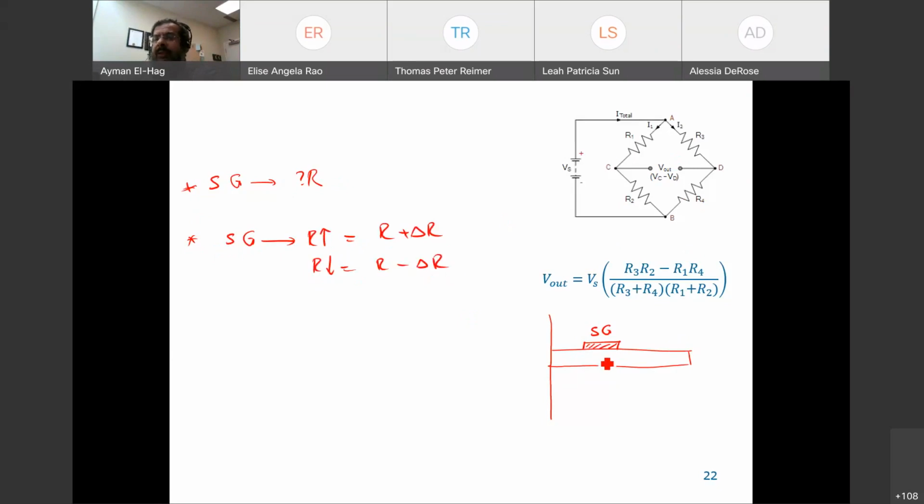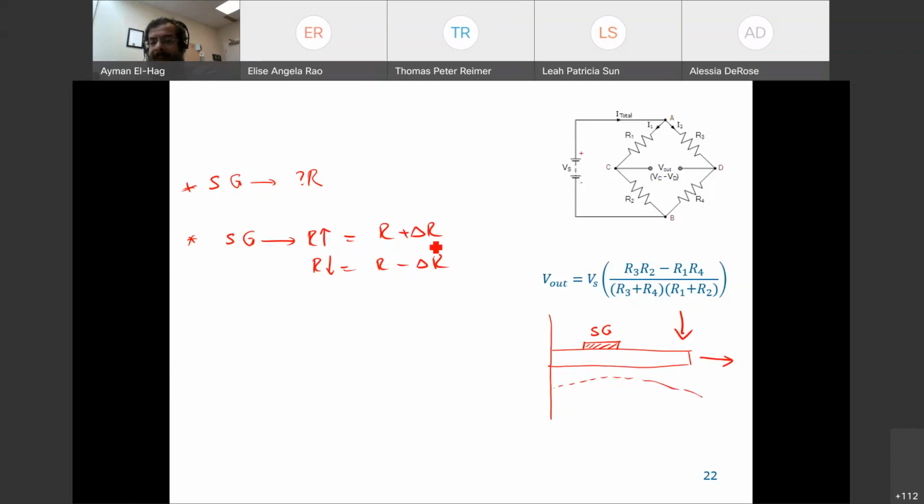So it depends on the type of the force. For example, here, if I apply a force in this direction, this will be elongation. So R will increase. If I apply the force this way, the beam will take this shape and the SG will be expanding as well.